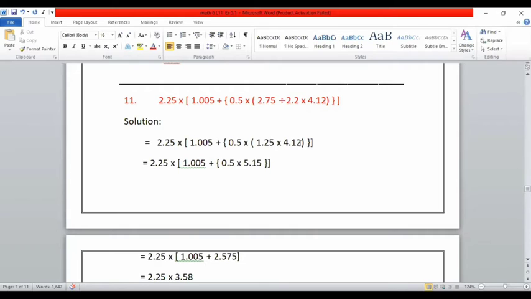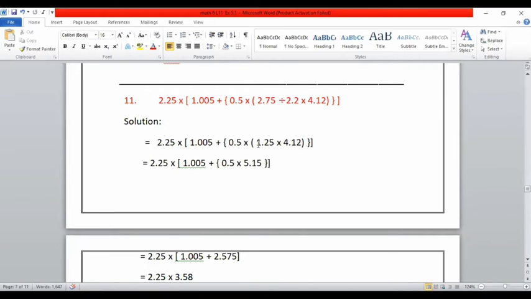Multiply by 4.12. Here 0.5 is the same. And when you get the division answer 1.25, it is multiplied by 4.12.